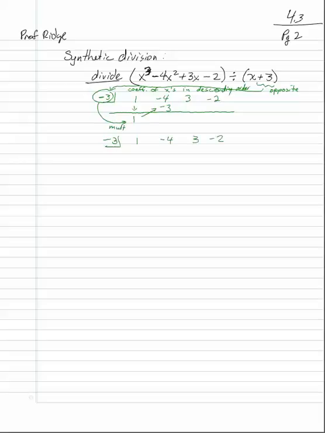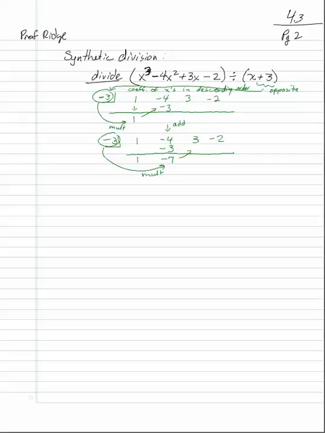Now you wouldn't rewrite this again, I just don't want to have all the arrows here. So bring the first term down, negative 3 times 1 is negative 3. And then you add down the columns. So that will be negative 7. And then to move to the next column, you're going to multiply, and then write it up in the next column.